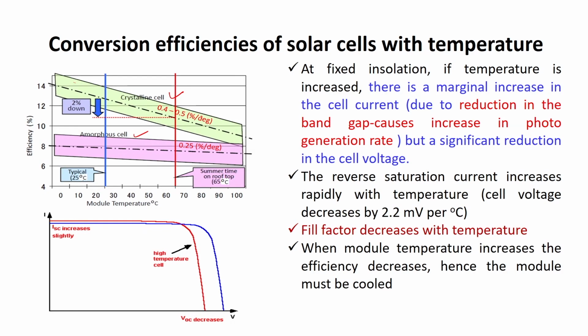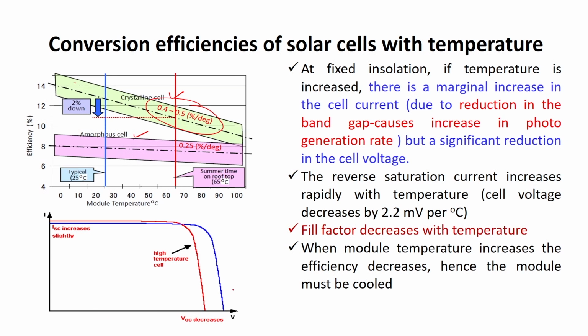So, it is said that this decrease is about 0.4 to 0.5% per degree increase in temperature in the case of crystalline silicon cells, and for amorphous the reduction in efficiency is not as much as in crystalline silicon solar cells. It is about 0.25% per degree increase in temperature.